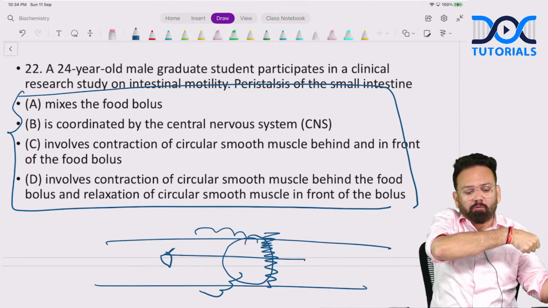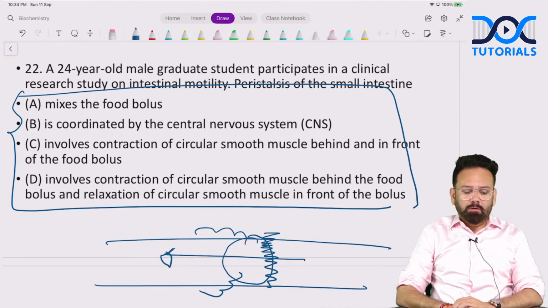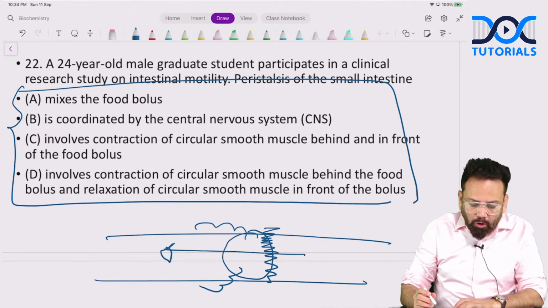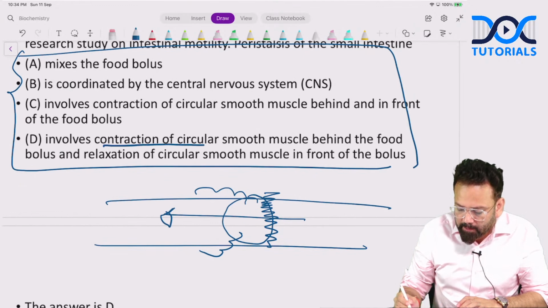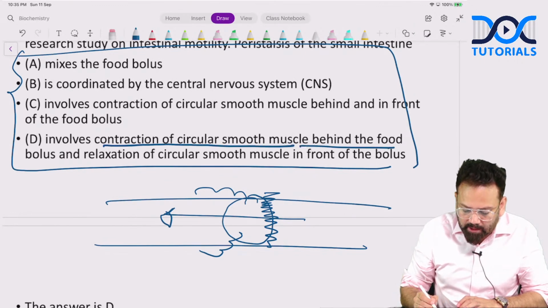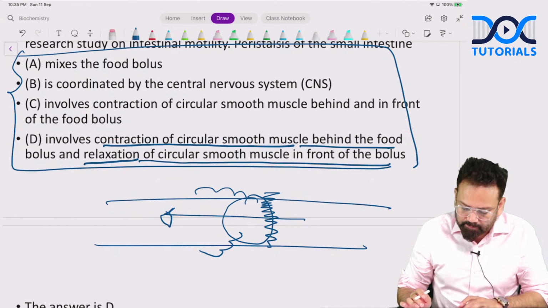So, food will move forward, and this is called peristalsis. Answer is D. It involves contraction of the circular smooth muscle behind the food and relaxation of the circular muscle in front of the bolus. So, answer is D.